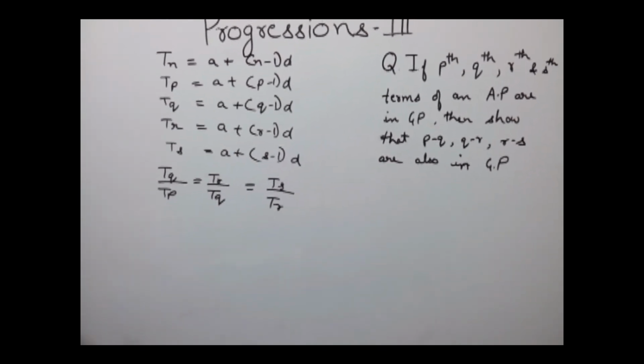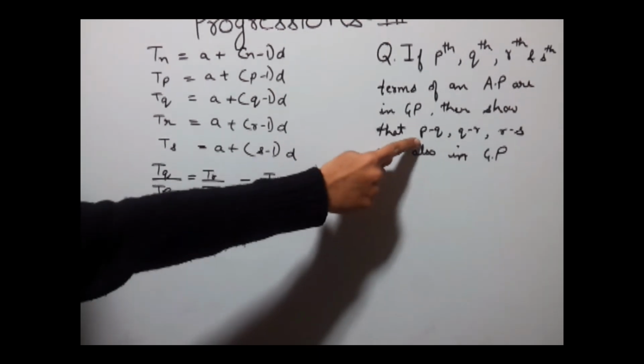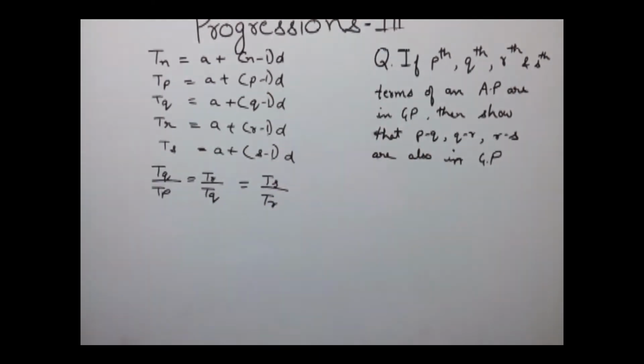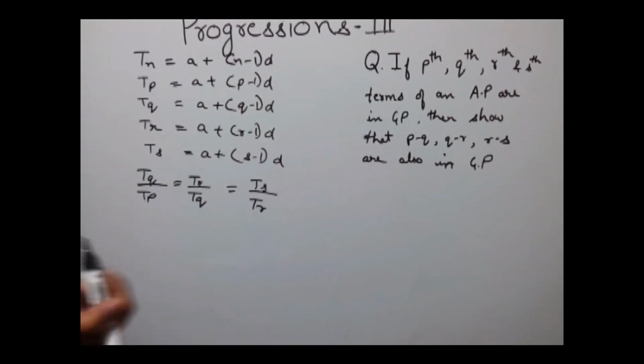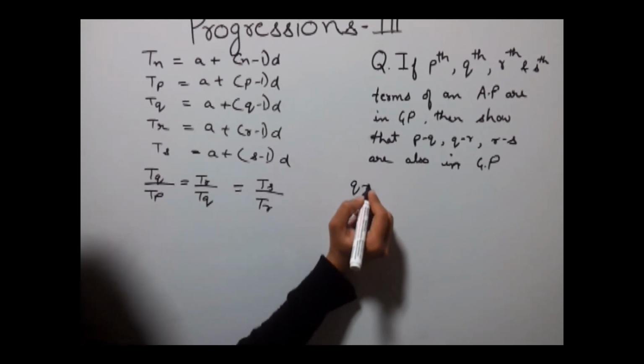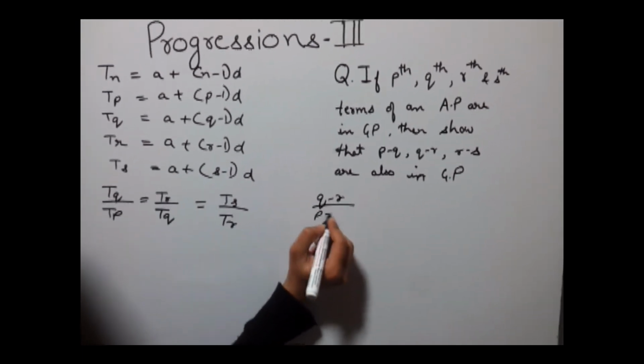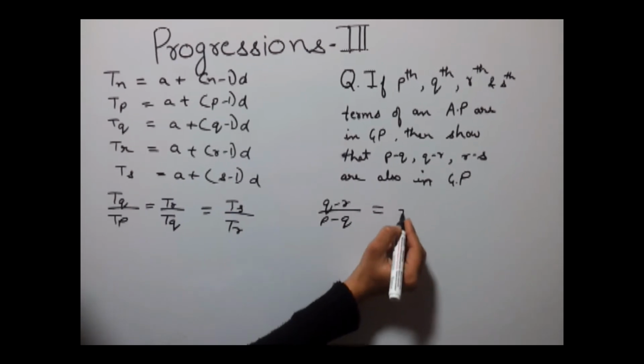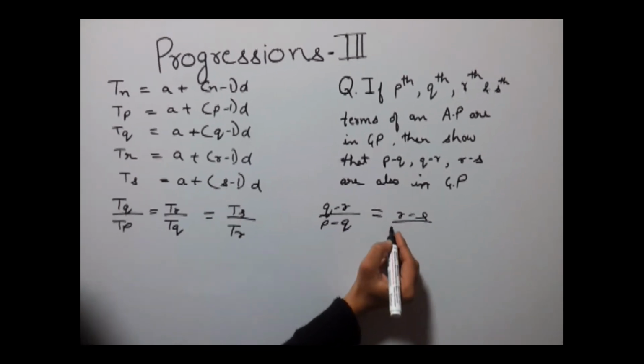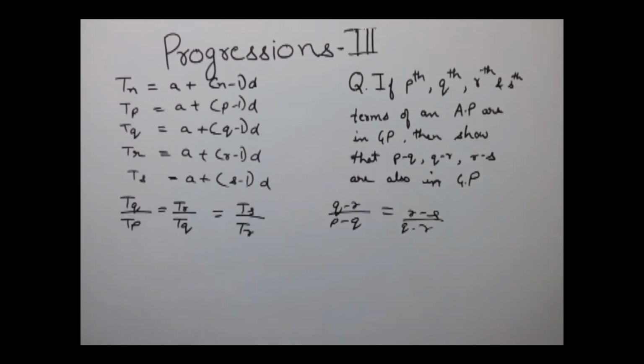Now, we need to prove P minus Q, Q minus R and R minus S are in GP. We need to prove here that Q minus R upon P minus Q is equal to R minus S upon Q minus R.